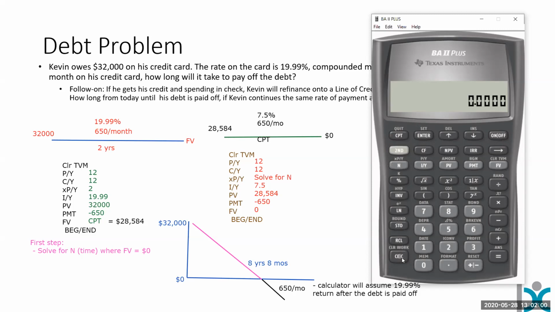So if it's negative, it's money that he's putting somewhere. That money has already come to him. Or looking at it this way, Melanie, it's gone from 32,000 positive after a couple years to 28,584 positive. It's still money that moves or is moving in the same direction as when he started, right?